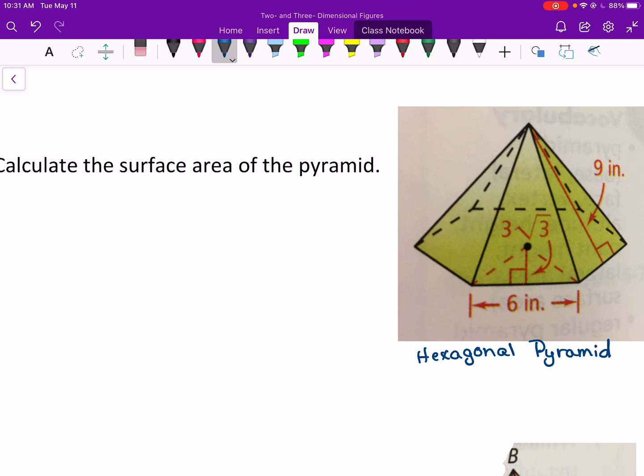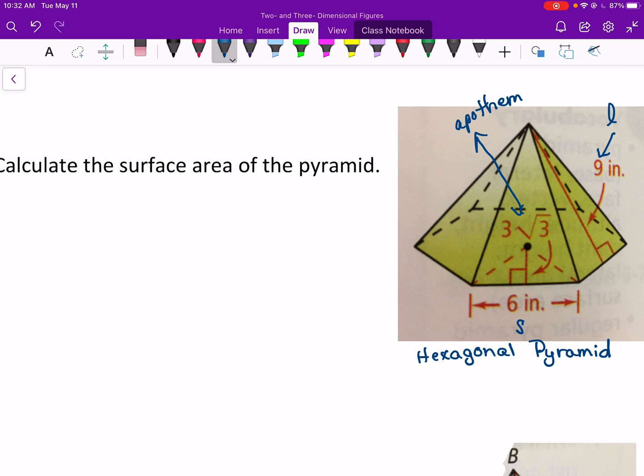All right, identify the parts. The 9 is pointing up the side of one of the triangles, so that is our slant height. The 6 is next to one of the sides of the base, so that's our S. And if you look at where that 3 square roots of 3 is pointing, you might recall that thing is called the apothem of that base.